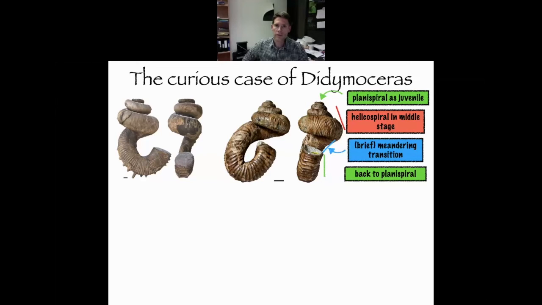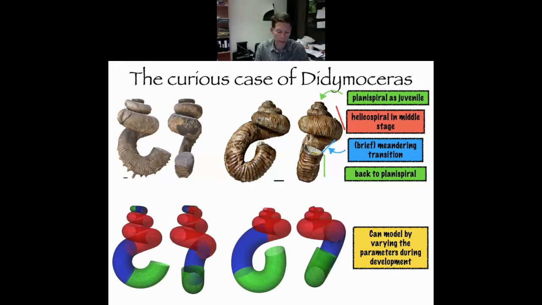As a juvenile, they start out with a planar spiral shape, and then in the middle stage, the red, they're doing the helicospiral shape, and then at the end, they go back to being planar spiral. But notice that the plane in which they're coiling at the end has been rotated from the plane in which it started. And that can only happen if there was a meandering transition somewhere in there.